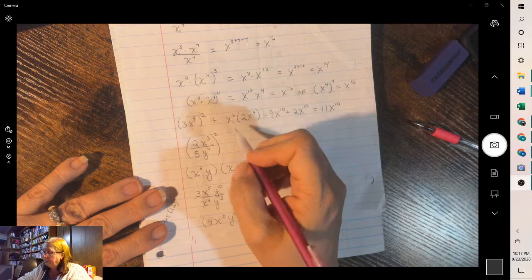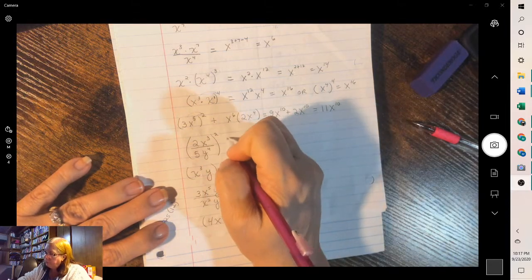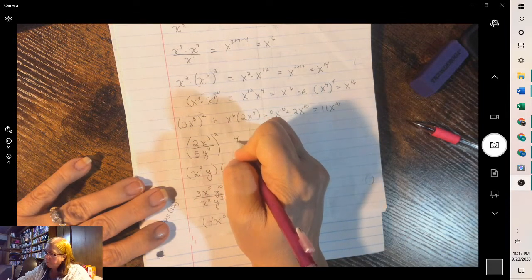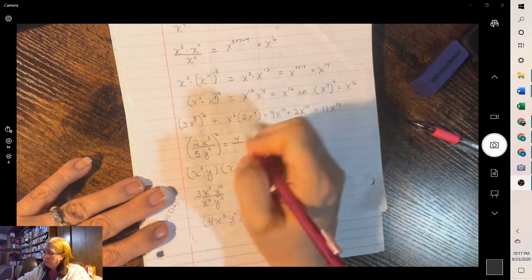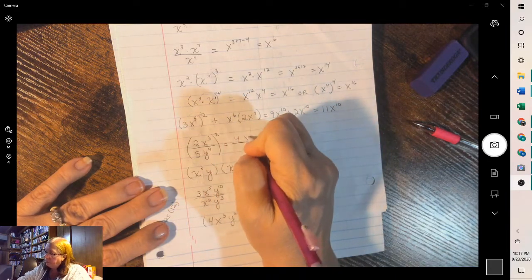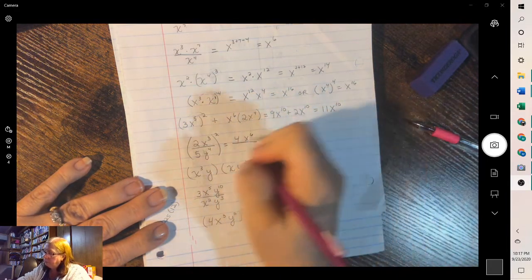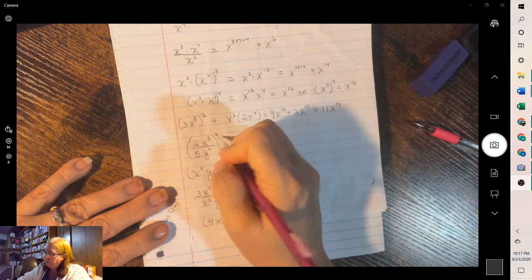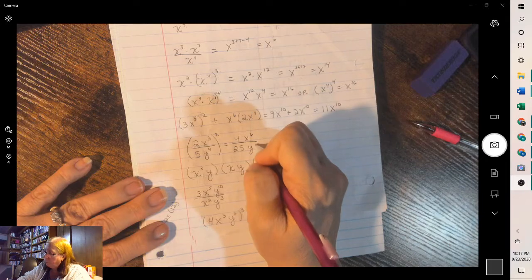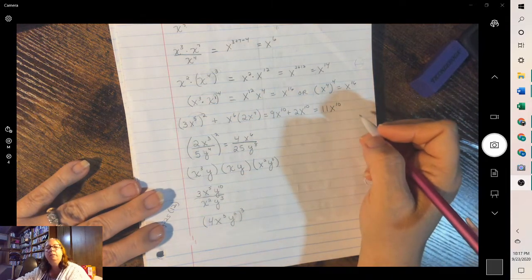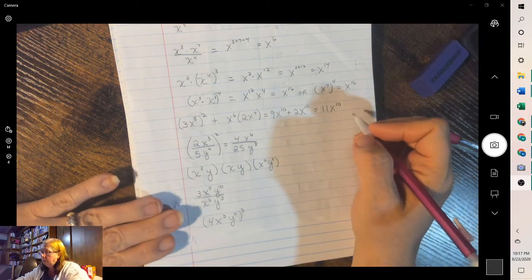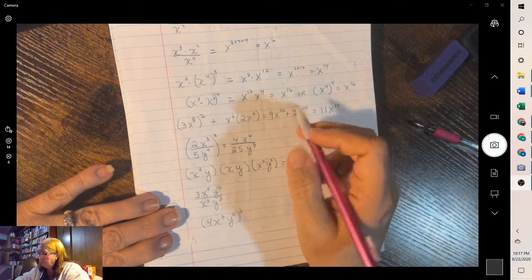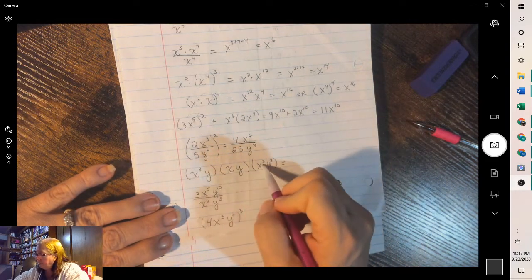Here it's squared. 2 squared is 4. Exponent to an exponent is multiplied. 5 squared is 25. And 4 times 2 is y to the 8th. This one, we're multiplying all of these.